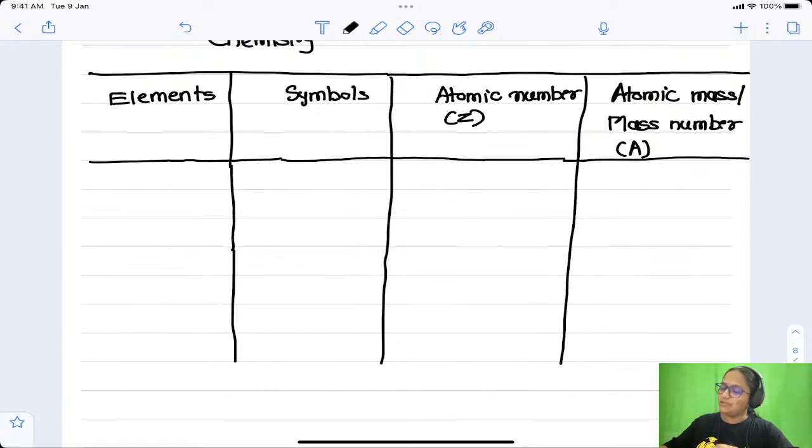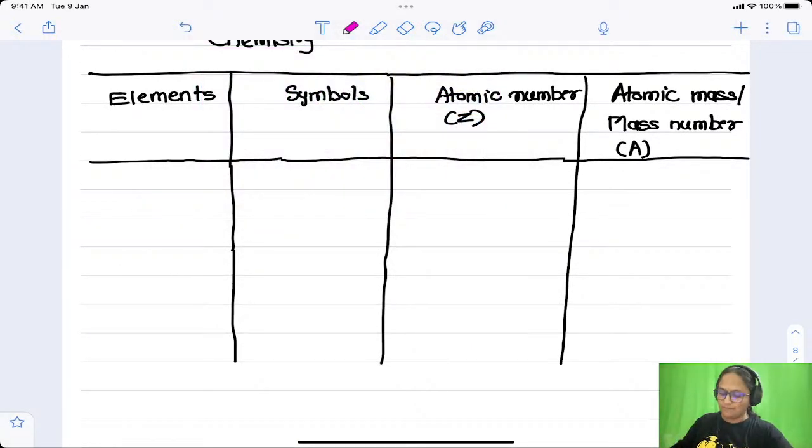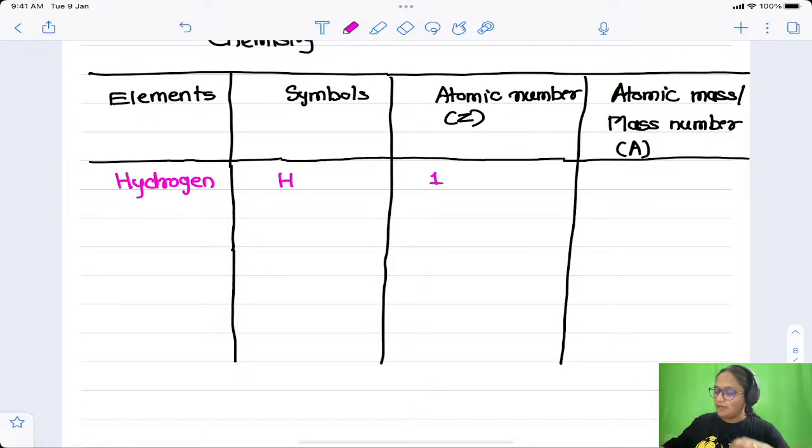So I'm just going to write down all of them one by one. First of all, I'll write down hydrogen. The symbol for hydrogen is H. The atomic number is 1. Atomic mass is also equal to 1.